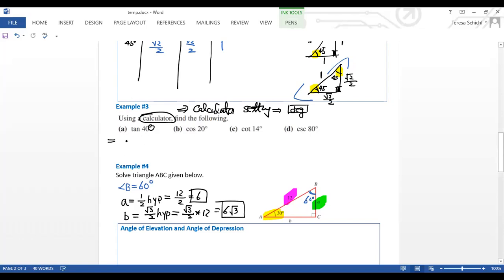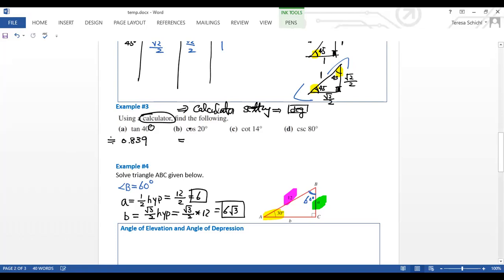For the first one, tangent 40, it will be very close because it goes to many decimal points. It's pretty close to 0.839.